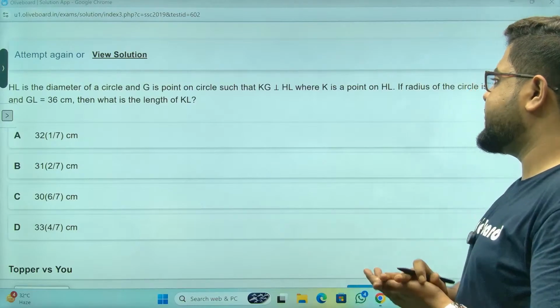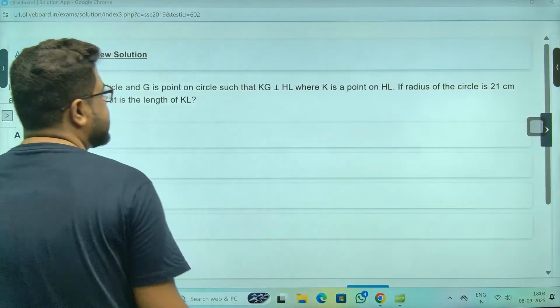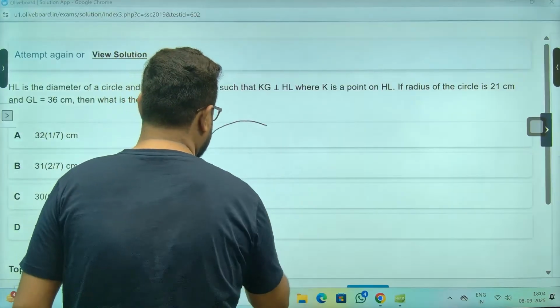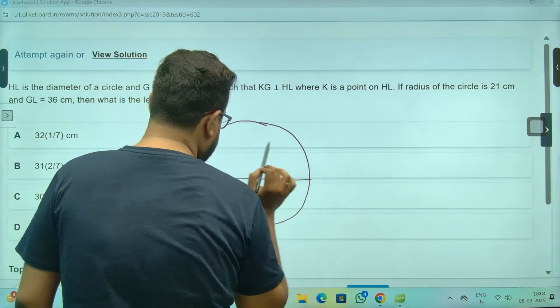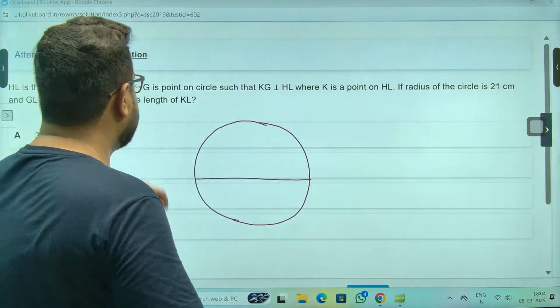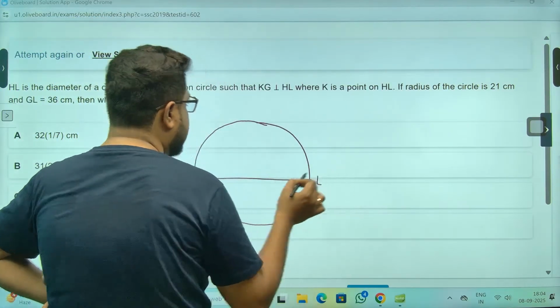क्या दिया है? AHL is the diameter of a circle and G is the point on a circle. चलो बनाते हैं. This is diameter HL. Okay, HL.